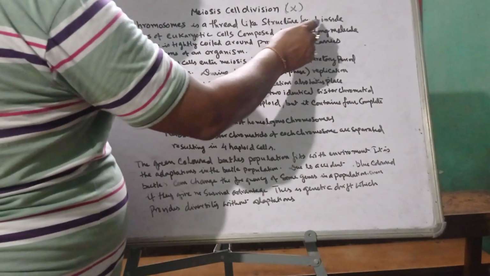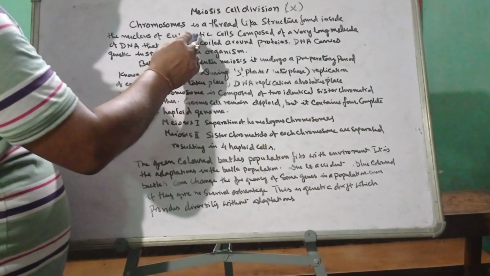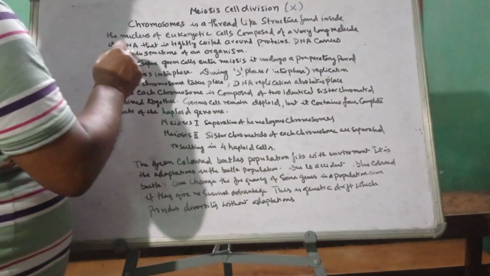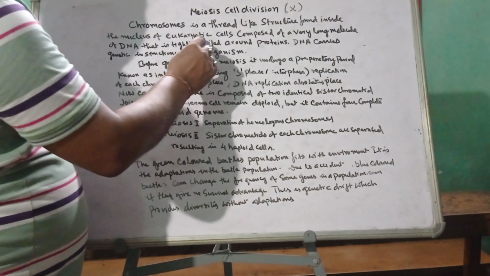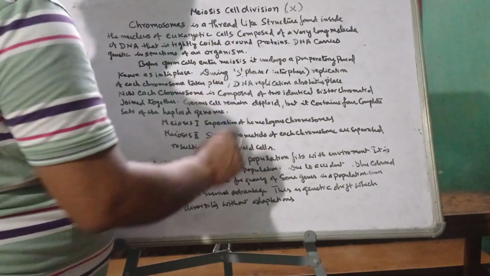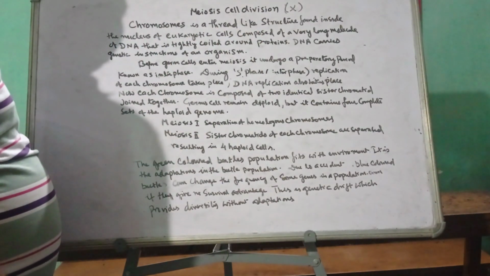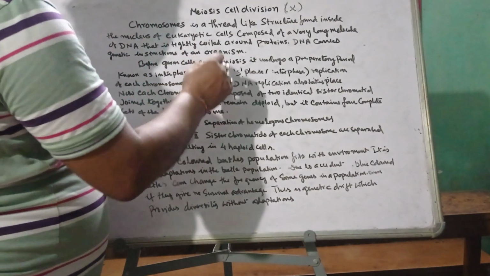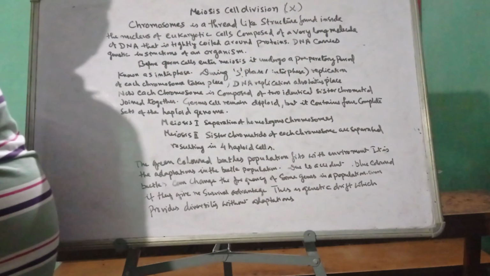A chromosome is a thread-like structure found inside the nucleus of eukaryotic cells, composed of very long molecules of DNA that is tightly coiled around proteins. DNA carries the genetic information of an organism, which means genes are present here.